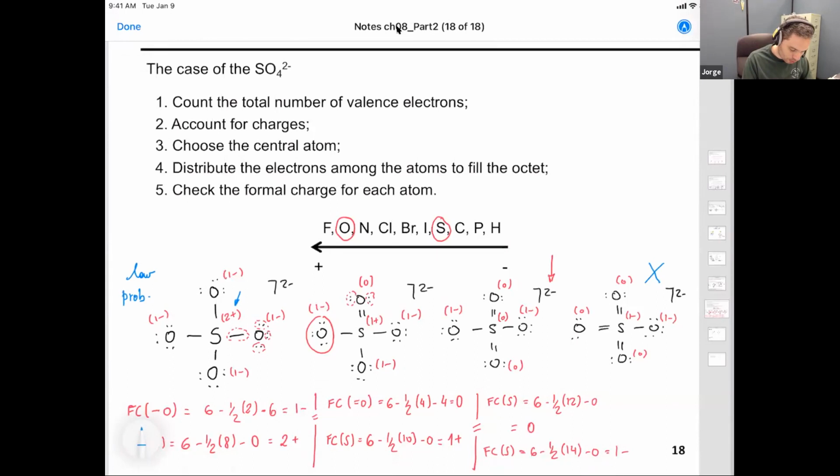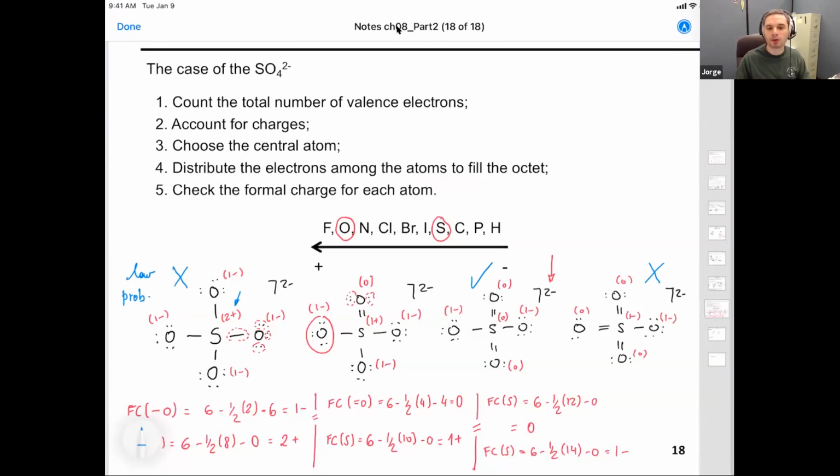The first structure has a double charge, which also has low probability to happen. The third structure has the highest number of zero formal charges, and the negative charges are located at the most electronegative atom in the chemical bond. Therefore, the third structure is the most probable to happen.